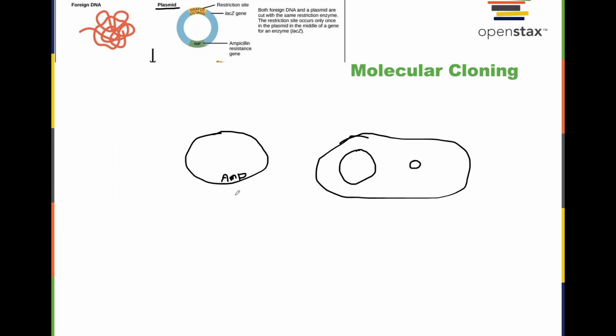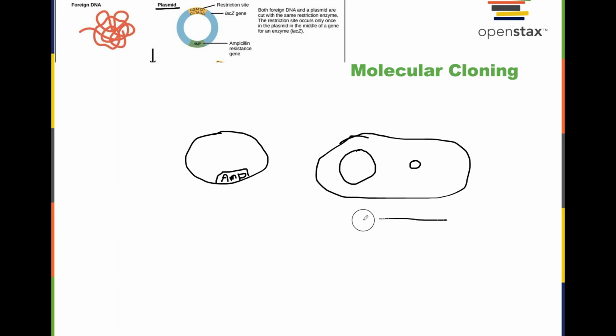I'll explain the significance of some of these. Just remember that this AMP refers to a gene that produces a product that allows a bacterium carrying the plasmid to be resistant to that antibiotic, so it can grow in the presence of the antibiotic.